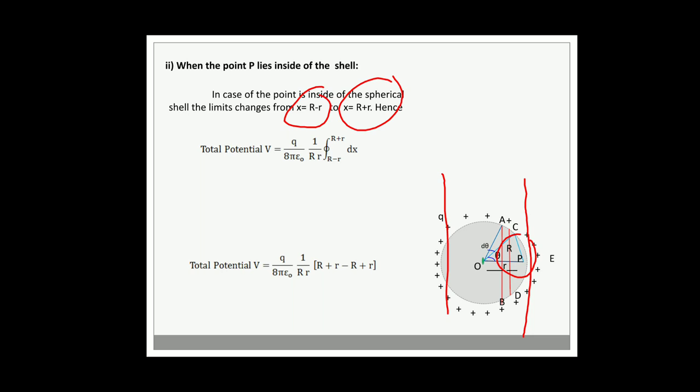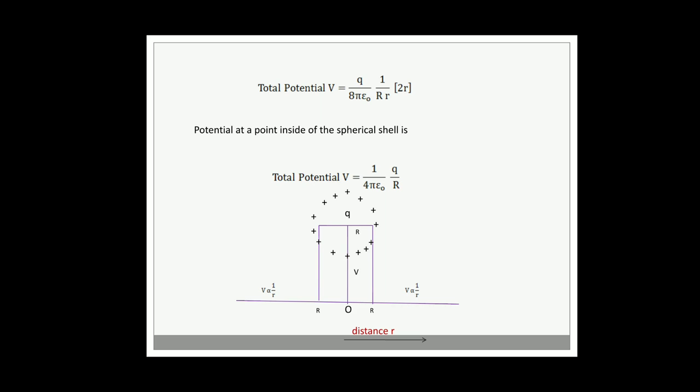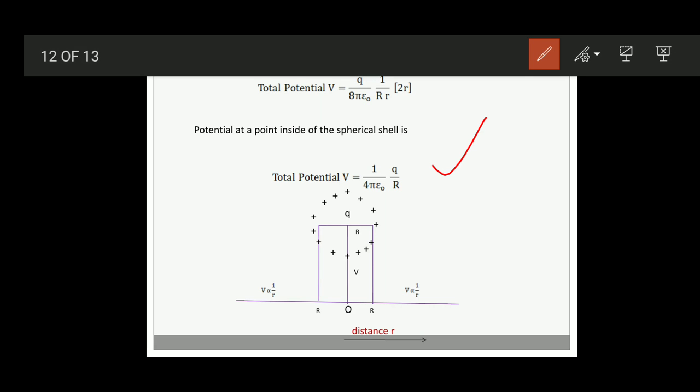So V is equal to Q by 8 pi epsilon naught into 1 by R into r integration dx, whose limits are capital R minus small r to capital R plus small r. So we know integration dx is x. By applying the limits, that is R minus r to R plus r, where capital R and capital R cancel, so that 2r is there. The small r and small r cancel each other, so that the potential due to the spherical shell at inside is 1 by 4 pi epsilon naught into Q by R.